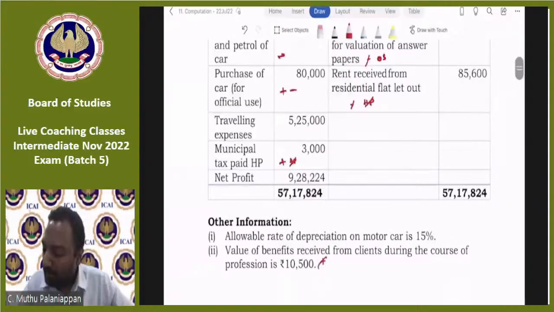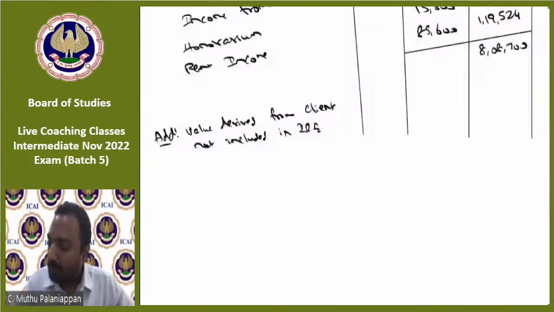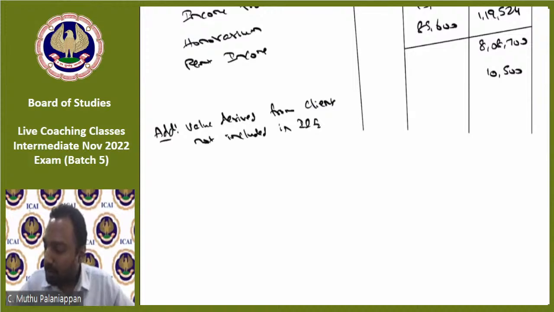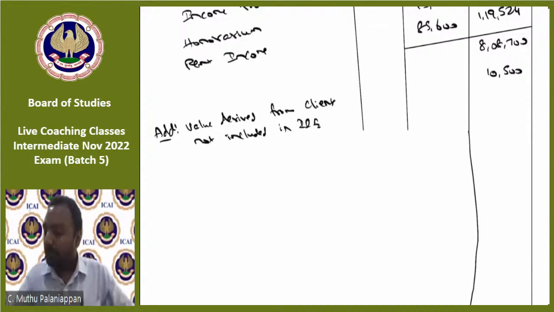So that is nothing but 10,500. So we come here and add this 10,500. So we'll extend the borders.